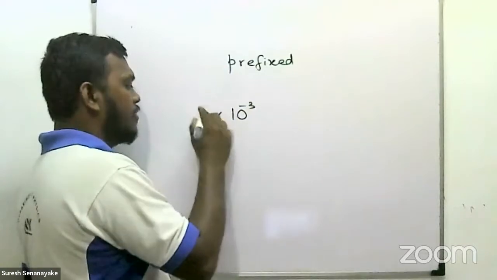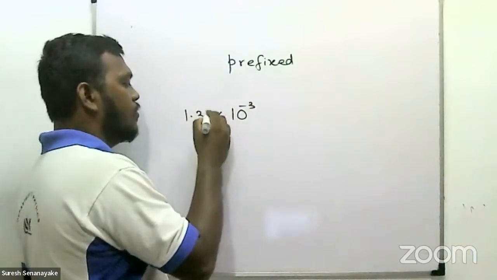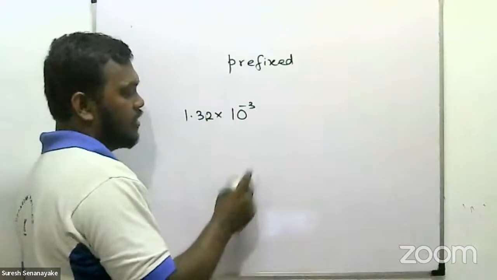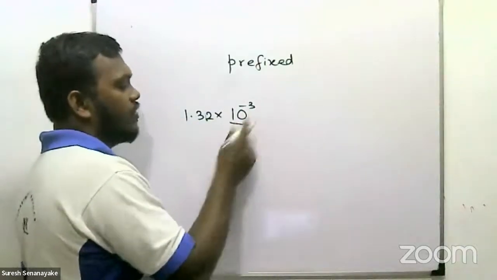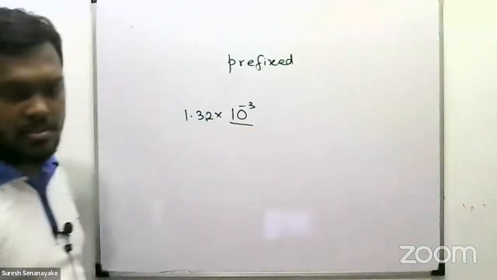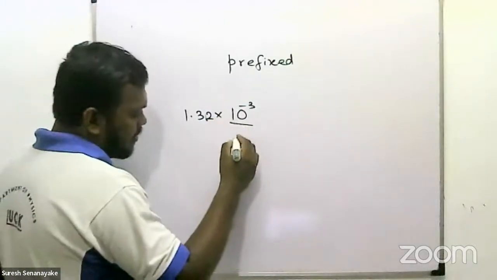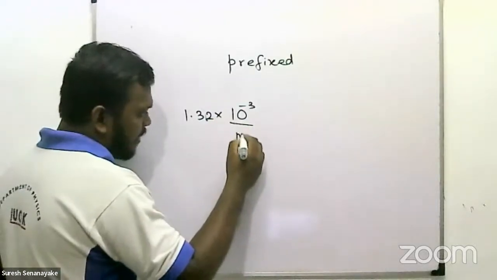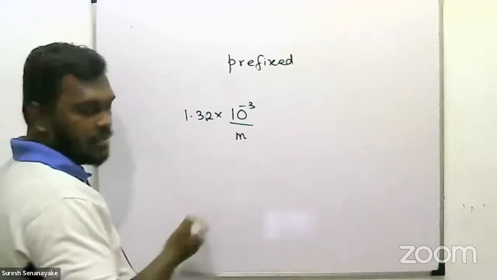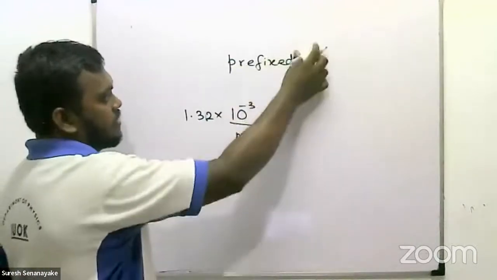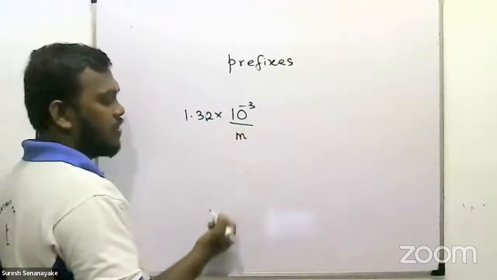Let's say you have a measurement like 1.32 into 10 to the minus 3. Writing and reading this 10 to the minus 3 is not easy, so we can write it using the prefix milli. So this is called a prefix.